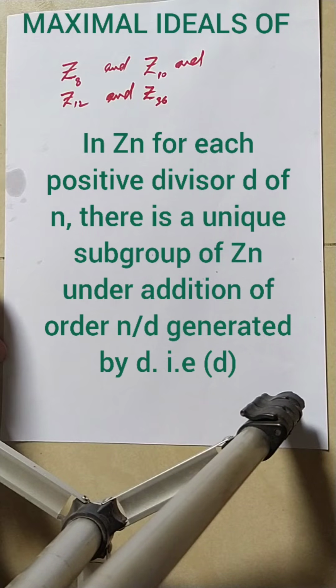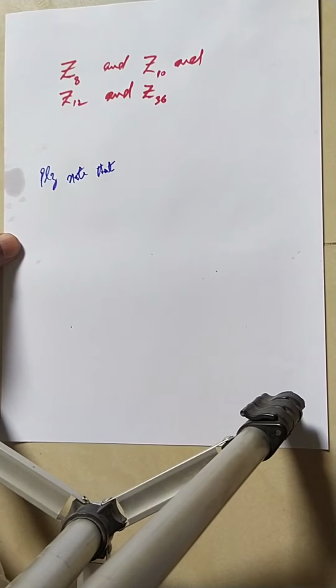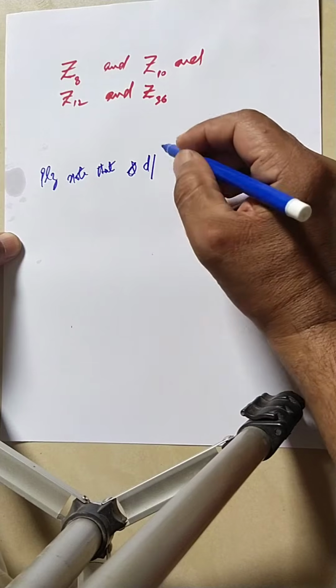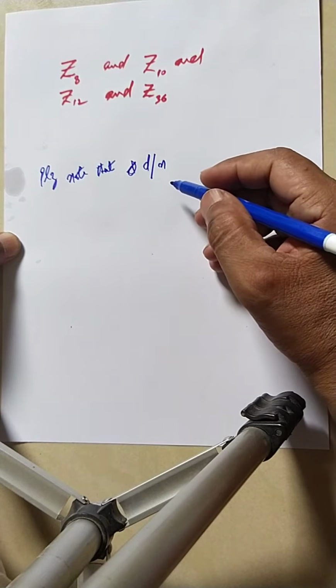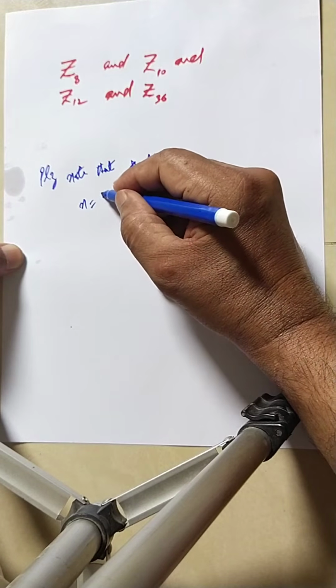For each positive divisor d of n, the set generated by d is a unique subgroup of Zn, and this is a subgroup under addition, and its order is n by d. Further, please note that if d divides n, then obviously there is some quotient q, n equal to qd.